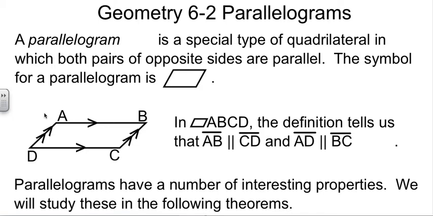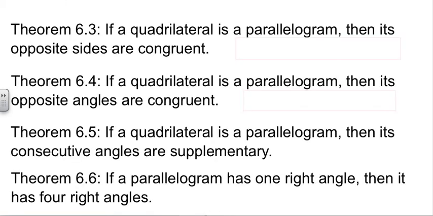Now, the fact is that with parallelograms, you get a lot of interesting properties that work just for parallelograms. And we're going to look at some of those, and they give them all to us in theorem form. The first idea is if you have a parallelogram, then opposite sides are congruent.